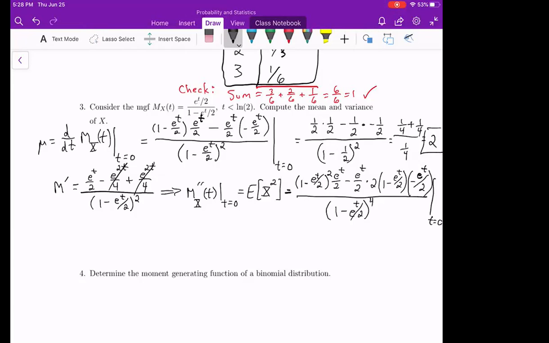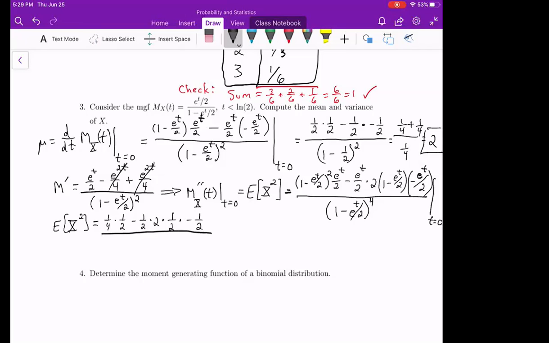So we want to evaluate this at t is 0. And when you do that, we get that the second moment, E of X squared, is going to be 1 minus a half, which is a half squared, is 1/4, times 1/2 minus 1/2 times 2 times 1 minus a half, which is still a half, times negative 1/2.